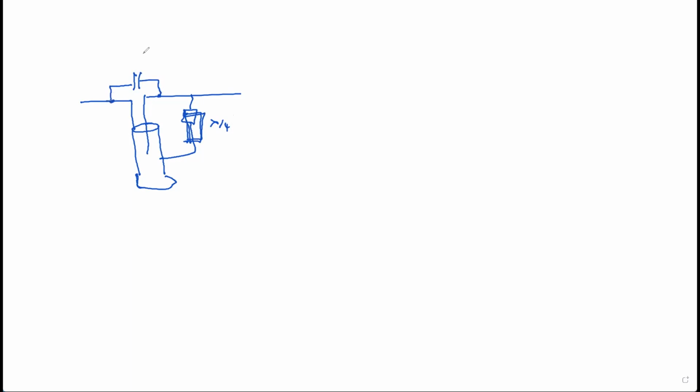This capacitor will have an impedance of 1 over j omega c, and the sum impedance occurring at the feed point will be the input impedance of the antenna in parallel with the impedance of the capacitor. I will represent the capacitor impedance using ZC.